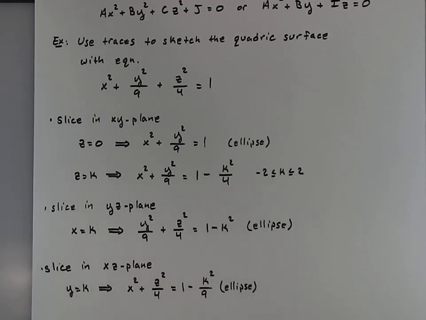So this is always an ellipse, regardless of which way the slices are.